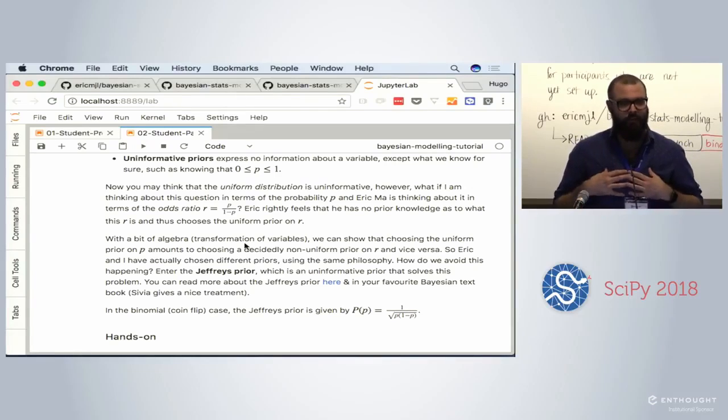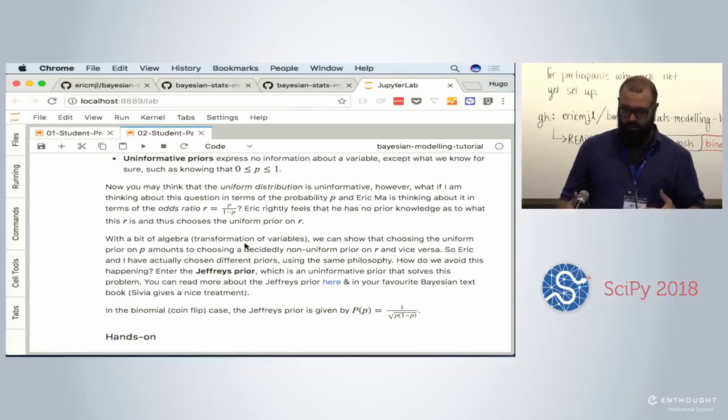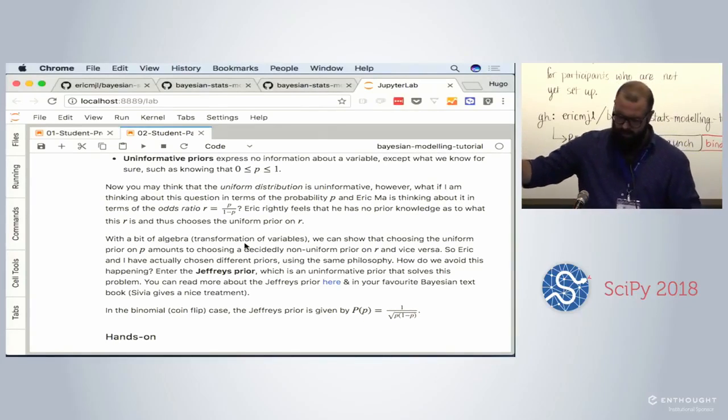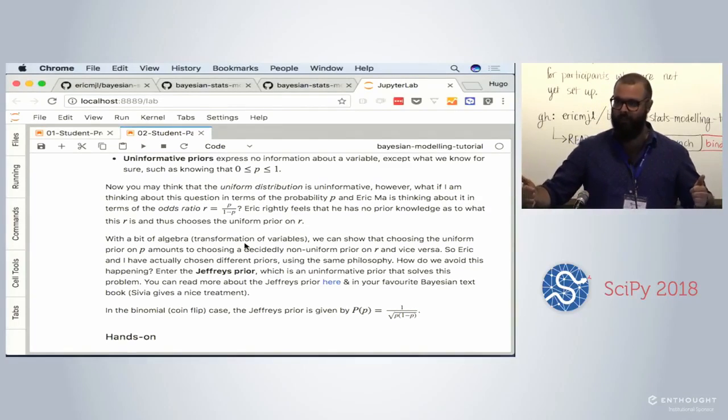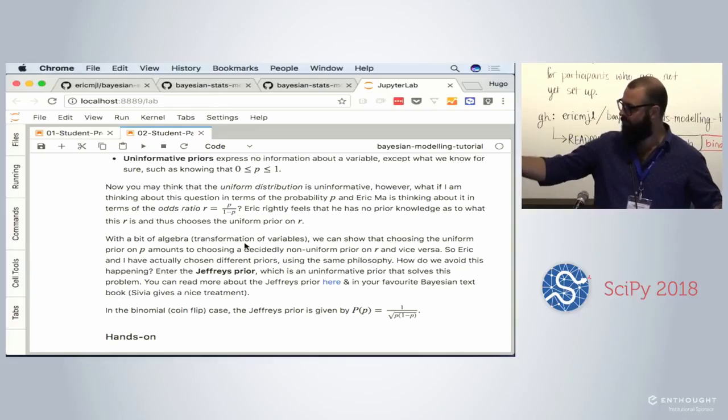I've been thinking about this question, we've all collectively been thinking about this question, in terms of the probability distribution, the posterior of the probability P, right? But Eric over there, what if he's thinking about it in terms of the odds ratio, P over 1 minus P, for which there's a one-to-one mapping between P and P over 1 minus P. So he's totally within his rights to think of this question in those terms.